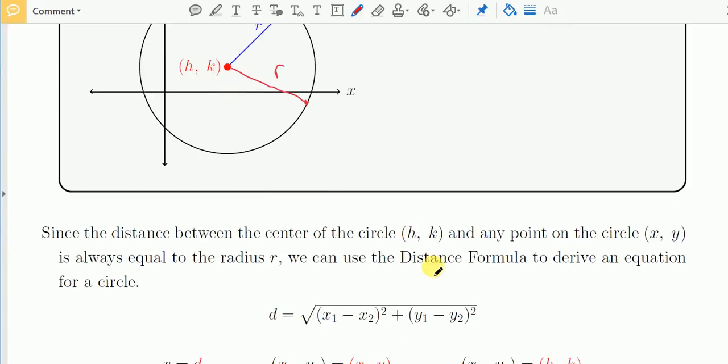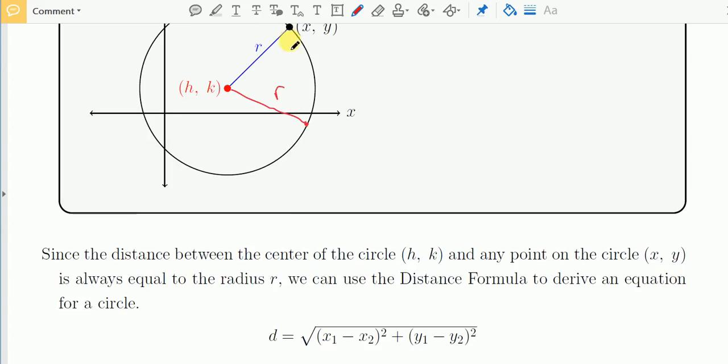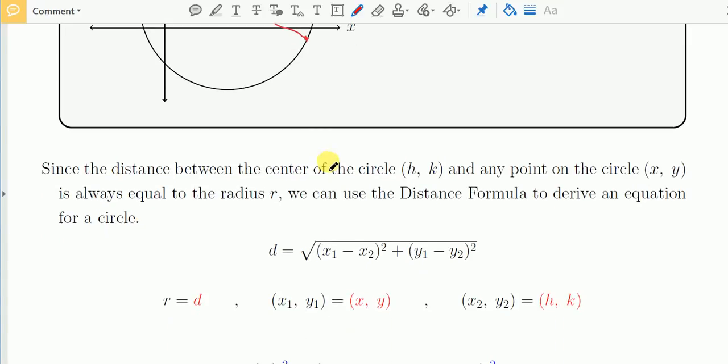And we can also use the distance formula from section 2.1 to derive an equation for the circle. Now, if I have this point (x, y) and the point (h, k), then I can find the distance between them using the distance formula.